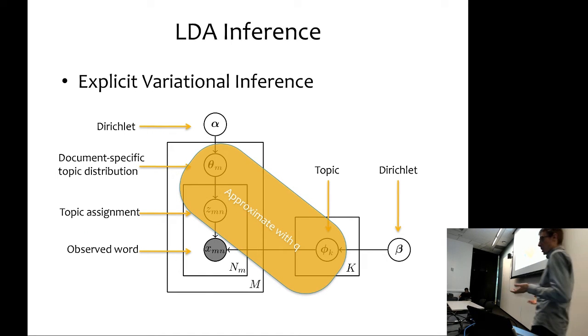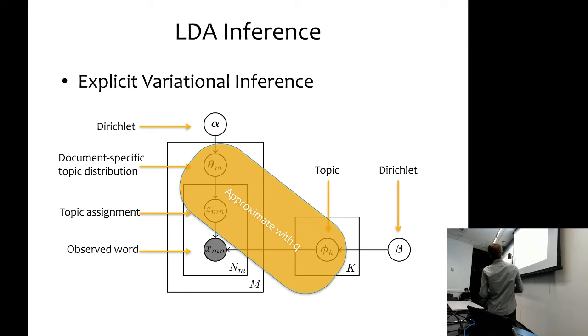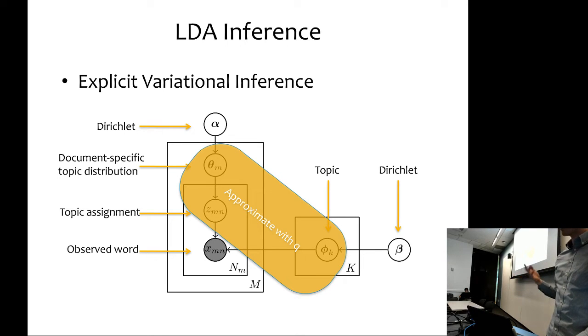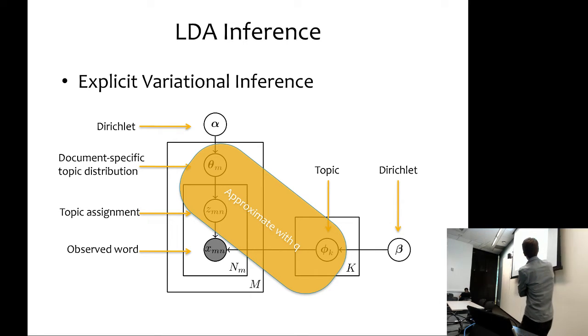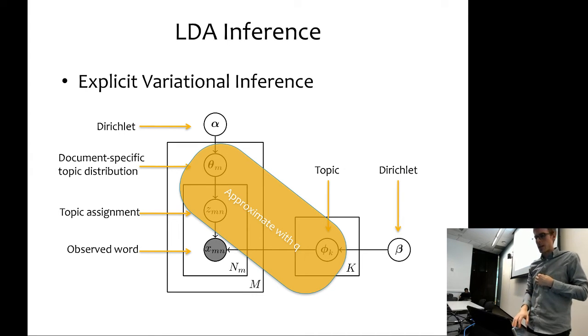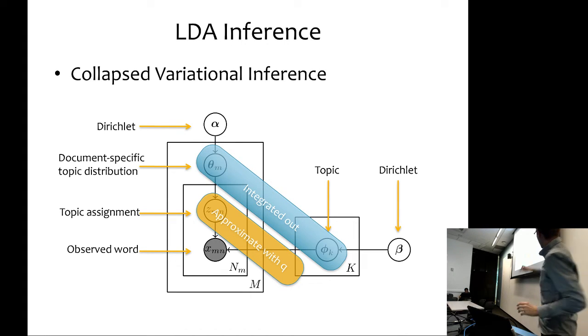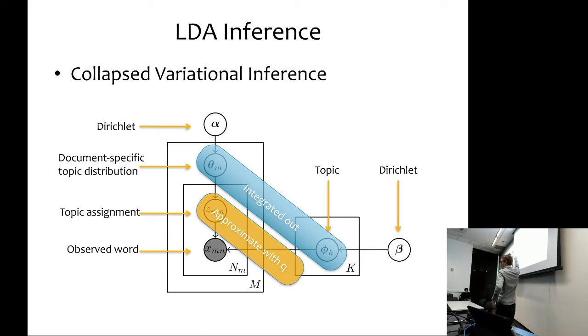Okay. So if you wanted to do this for LDA, there are actually different options available to you. One would be to make that mean field assumption and just remove all the arrows from this graph. And then you could approximate the topics and the parameters with Q. But you'll remember for the Gibbs sampling that we talked about in class, we actually integrated out theta and phi because of Dirichlet multinomial conjugacy.